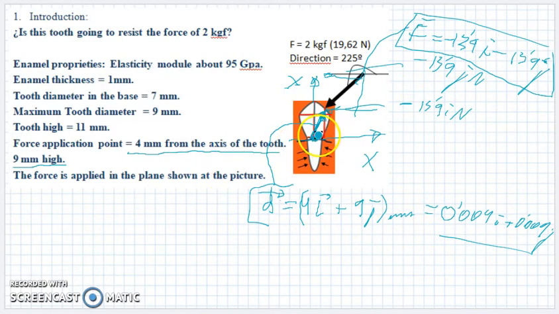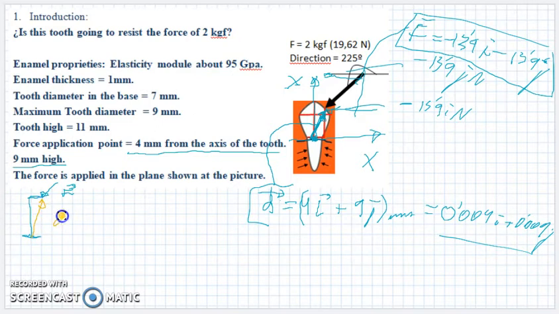So if we want to know the moment produced, let's transform it in a model. This is the main base and this is the model of the teeth. Here we have the force, and this, I'm going to use another color.